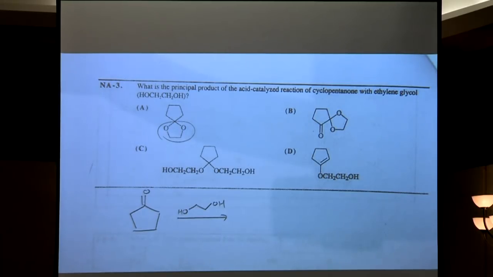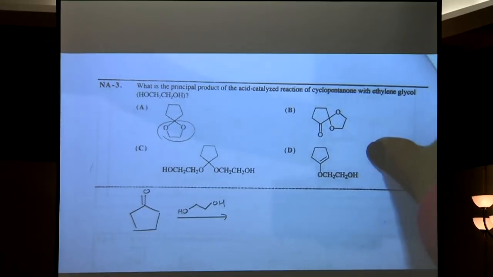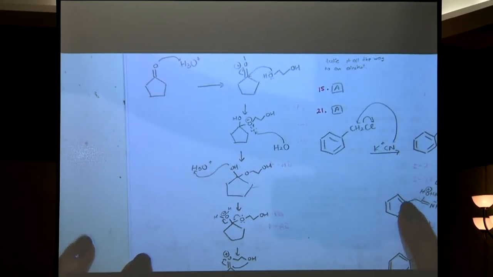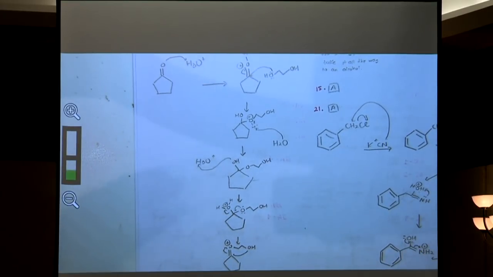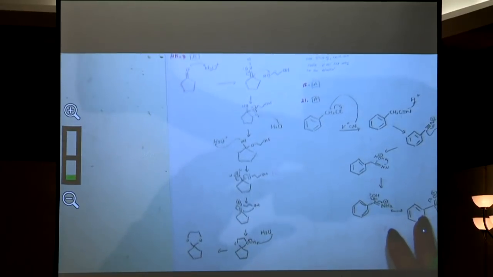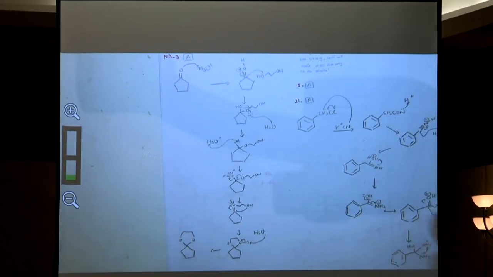Actually, I think I have the mechanism written if you guys want to see it, but it's kind of long and annoying. Let me see. All right. I'm just going to show you. I don't know if you guys can see that, but it's that.